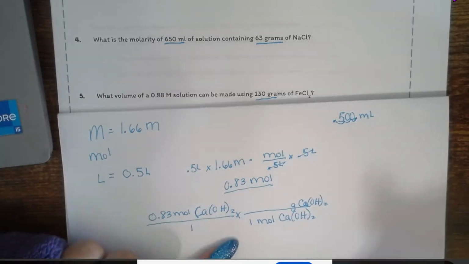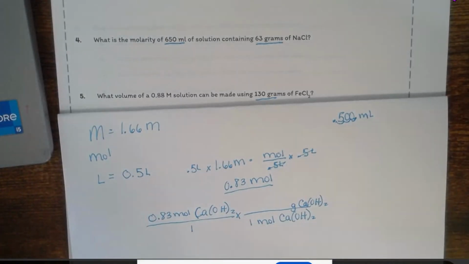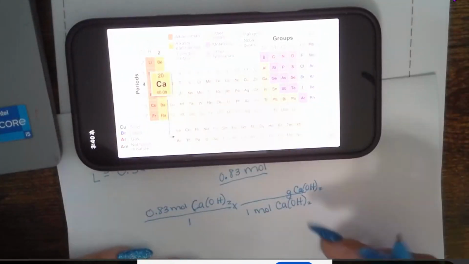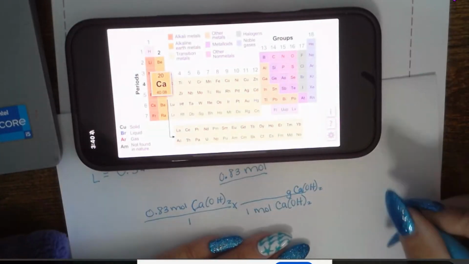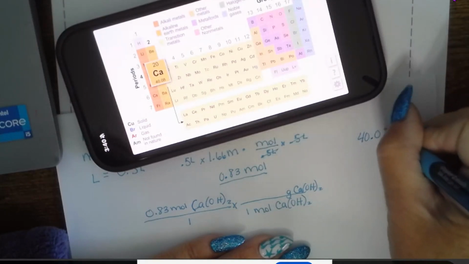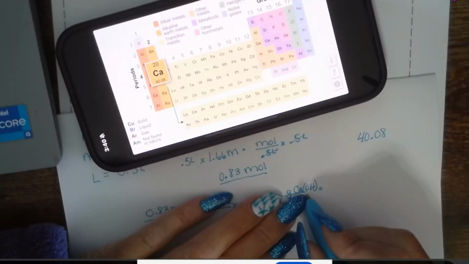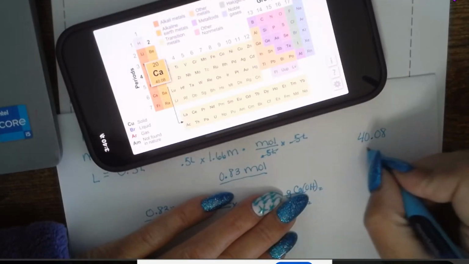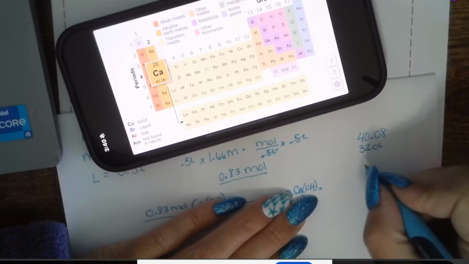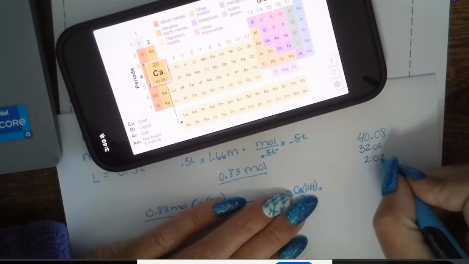I'm going to look on my periodic table for calcium. Calcium is 40.08. And then we know oxygen is 16, but we've got 2 of them, so that's 32. And then hydrogen, we've got 2 of those, so that's going to be 2.02.